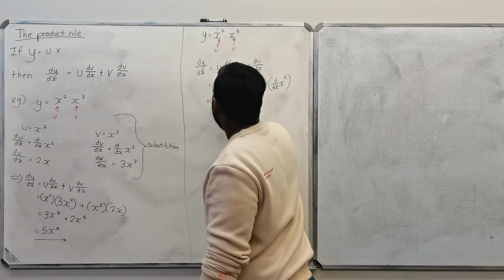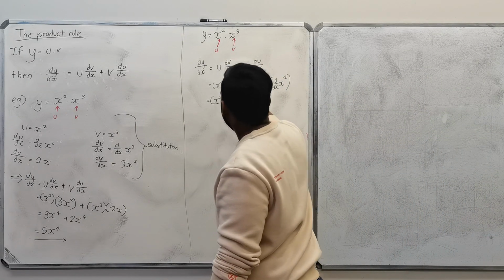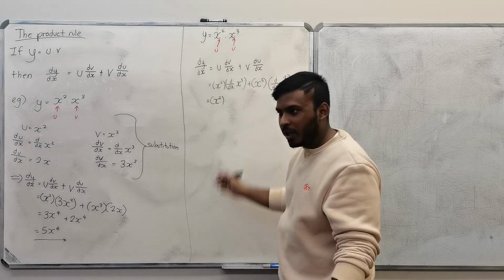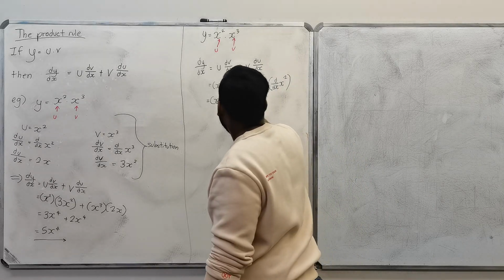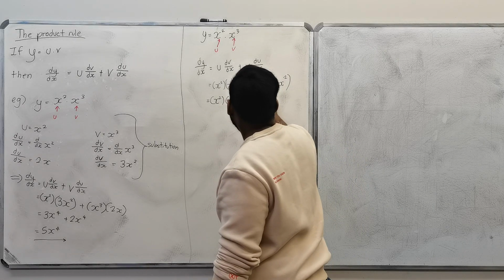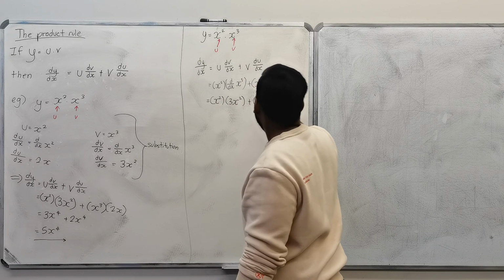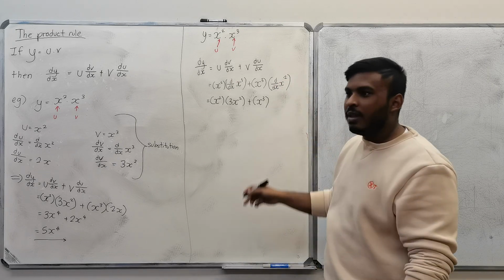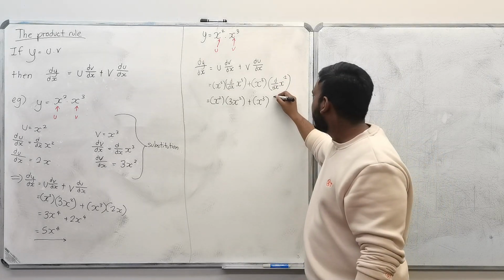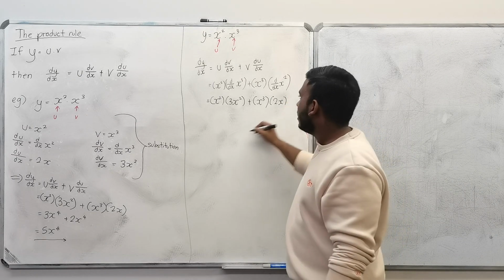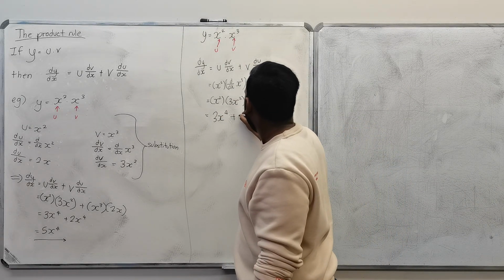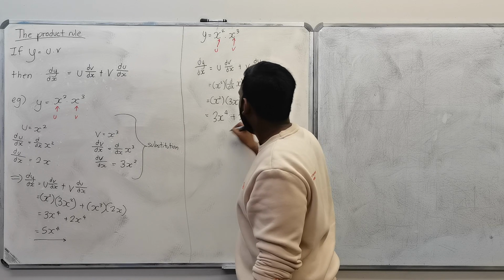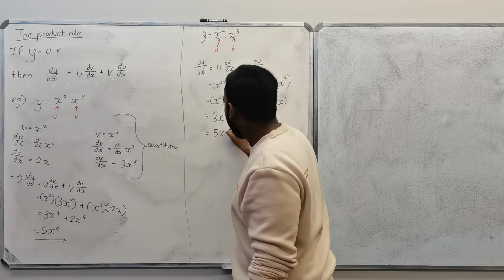So this would be x squared times the derivative of x cubed, which is 3x squared, plus x cubed times the derivative of x squared, which is 2x. And you end up with 3x to the 4 plus 2x to the 4, which is 5x to the 4.